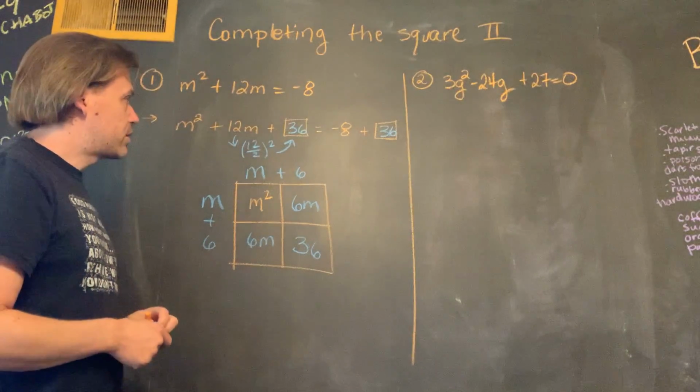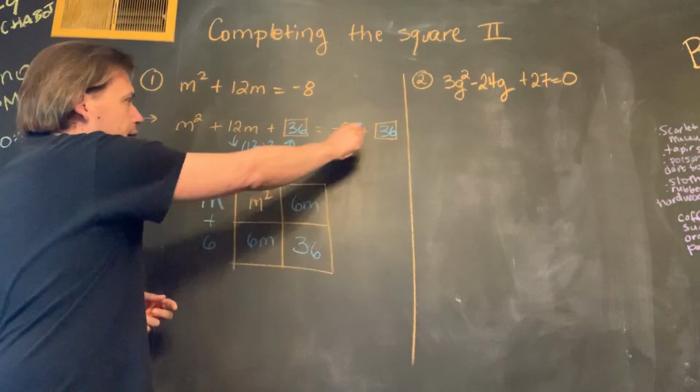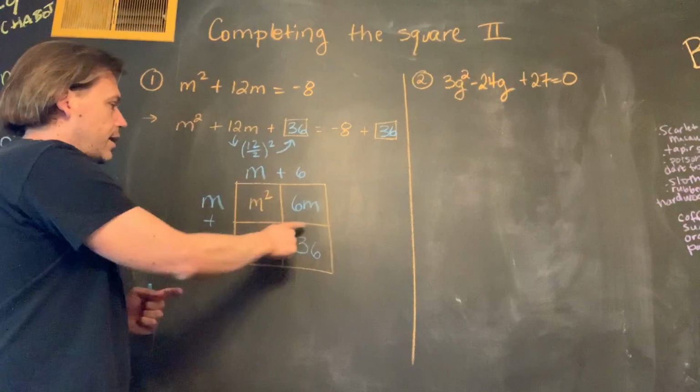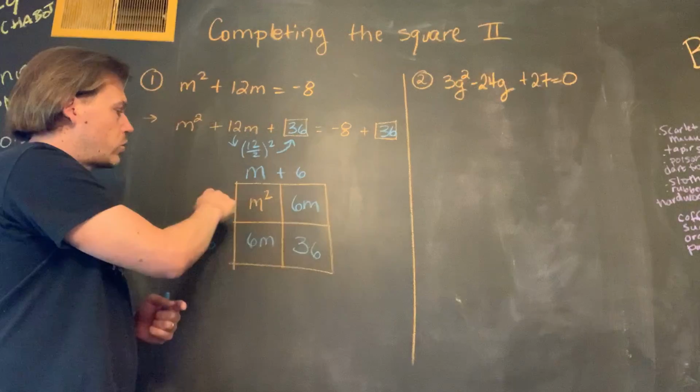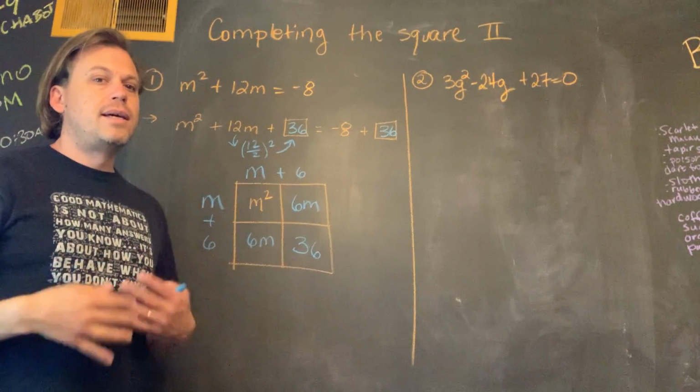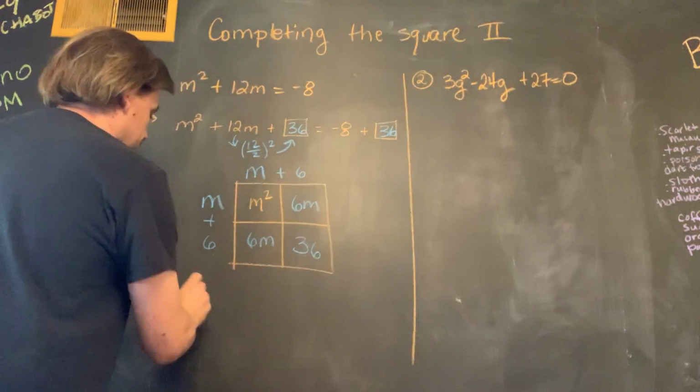Now that I've got my perfect square, I can rewrite this whole equation. So on the left side, I can write it just like it is, or I could write it as m plus 6 times m plus 6, or m plus 6 squared.